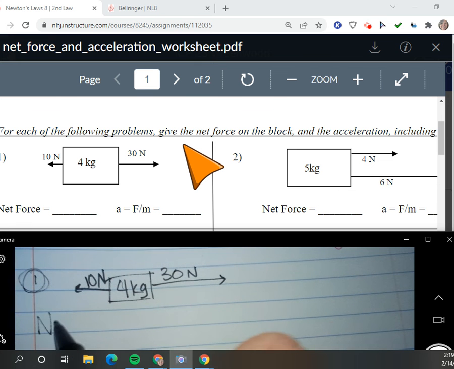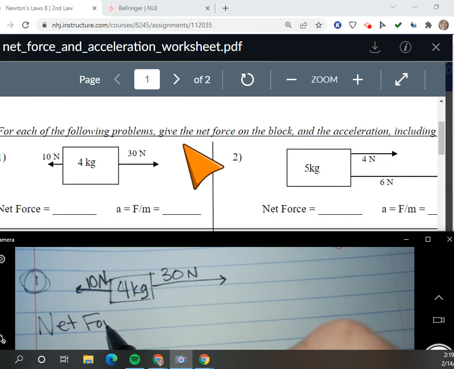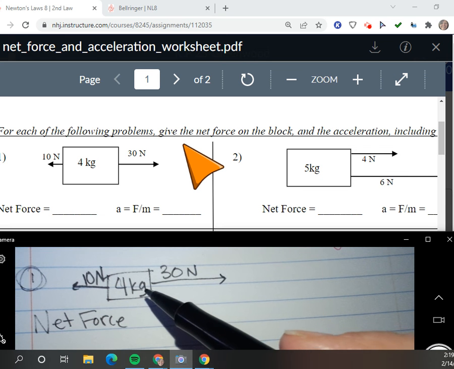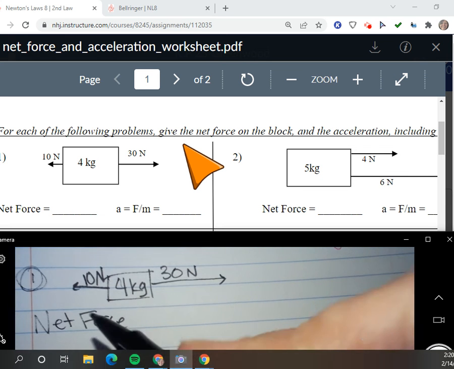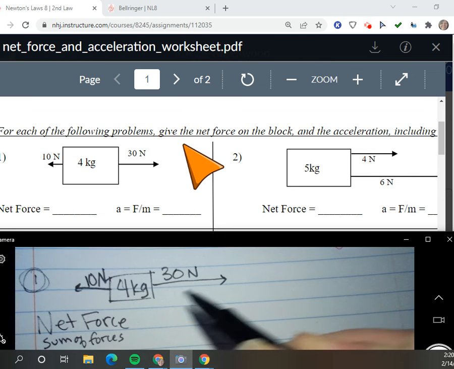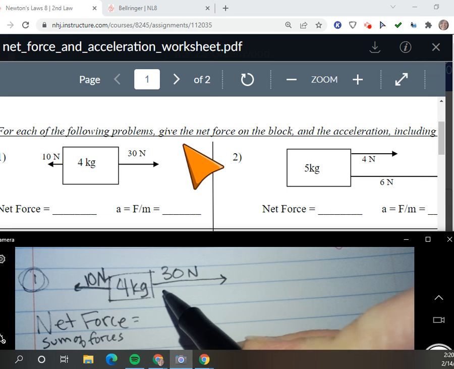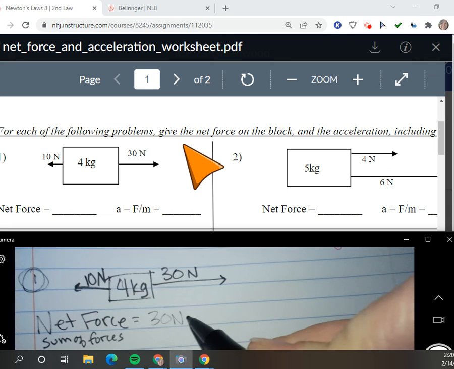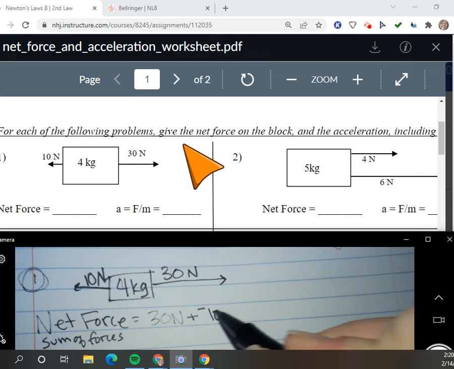We have to find the net force first. So what is the net force on this object? Let's remember, net force is sum of the forces. Right. So we have traditionally said that to the right is positive, so we're going to say 30 newtons plus minus 10 newtons.